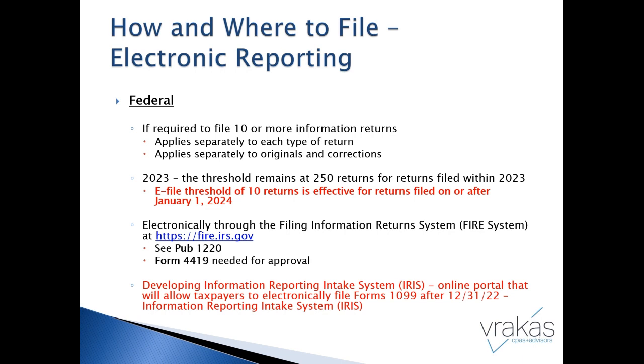Starting January of 2024, and this is exactly how it says, the e-filing threshold falls to 10 returns. You have to electronically file them if the return is filed on or after January 1st of 2024, which matches the Wisconsin's 10, so you've always had to file them electronically for Wisconsin. And if you need to, you can go through the FIRE system. That's probably a good way to go.